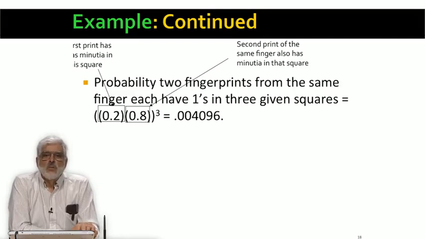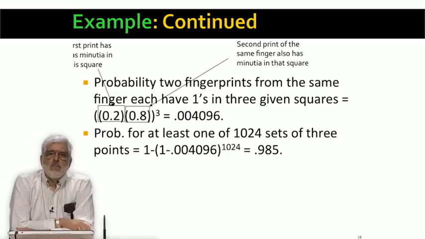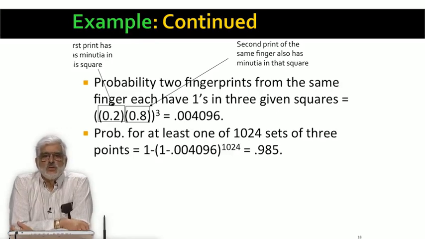We need to raise 0.2 times 0.8 to the 3rd power because there are 3 squares, each of which needs to hold minutiae from both of the prints. The result is about 0.4%, still really tiny, but 64 times larger than the probability if the prints come from different fingers. But remember, we have 1,024 sets of 3 squares each. In order for a pair of prints to be a candidate pair, we have only to find them together in one of these 1,024 buckets.